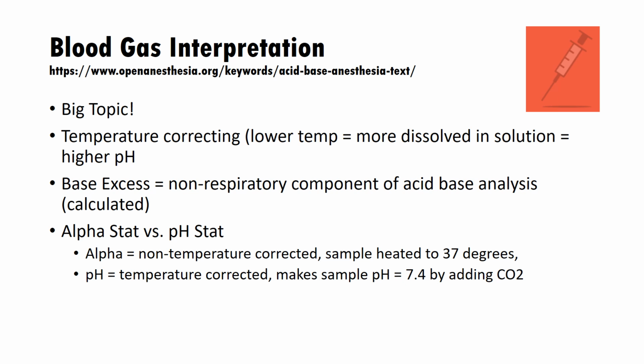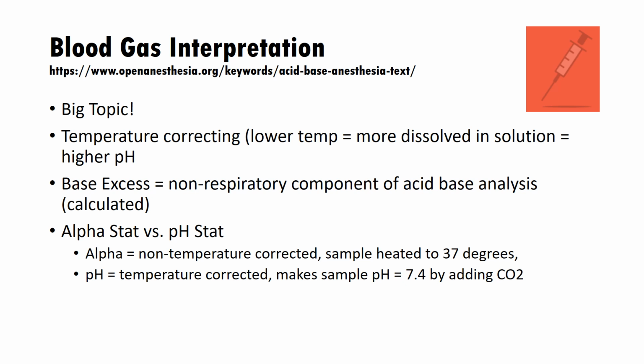pH stat is a temperature corrected system where the sample is made to have a pH of 7.4, and we do this by adding CO2 to the patient. That isn't necessarily done in adult patients.